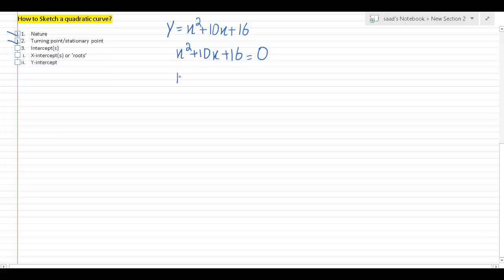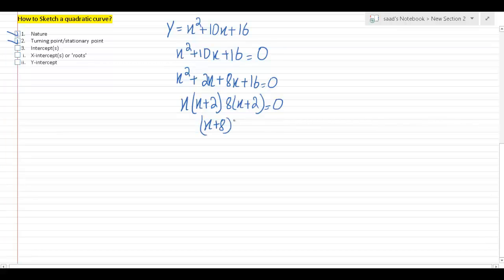Yep, I can. So x squared plus 10x can be rewritten as 2x plus 8x plus 16 equals 0. I can take x common, so that will give me x into (x plus 2). Here I can take 8 common, so that will give me 8 into (x plus 2). Both the brackets are the same, so that means we're doing perfectly alright. So (x plus 8) times (x plus 2) equals 0.